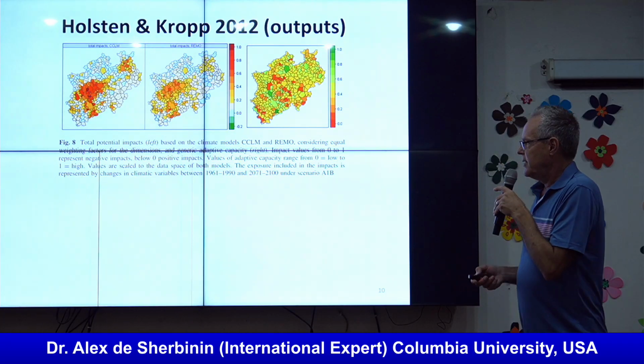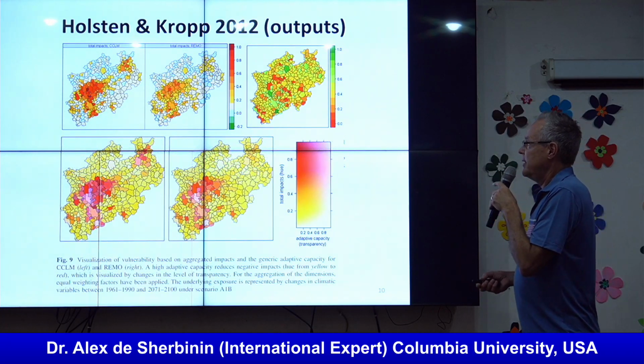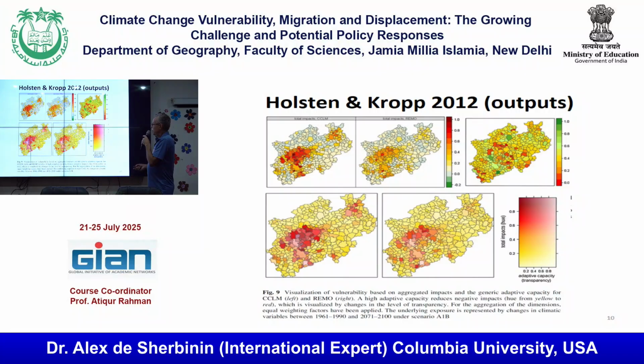And in this case, the way they did it was they increased opacity. So you have total impacts from floods in this particular area of Germany, in red being the highest. But if there was high adaptive capacity, the opacity level increases, meaning that they kind of white out the area.